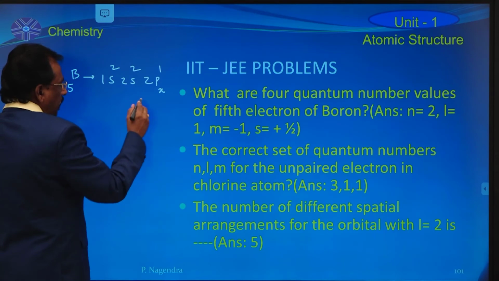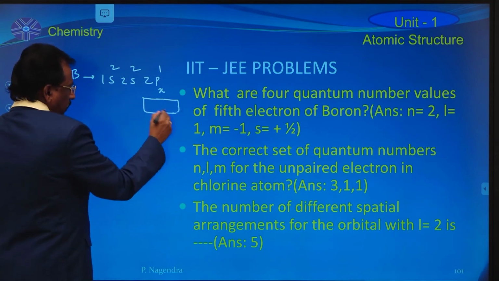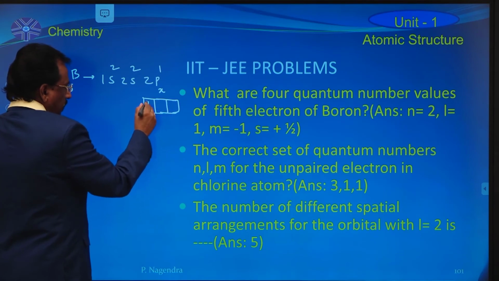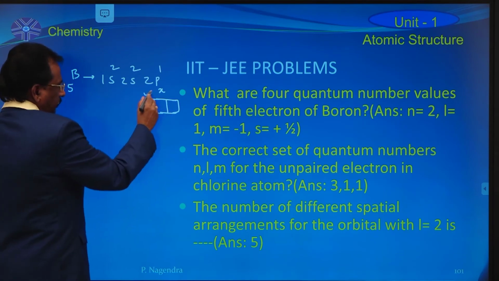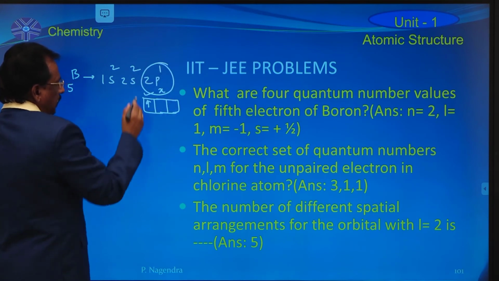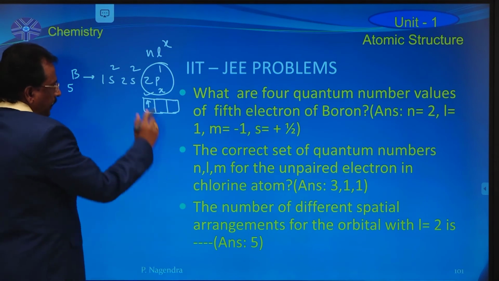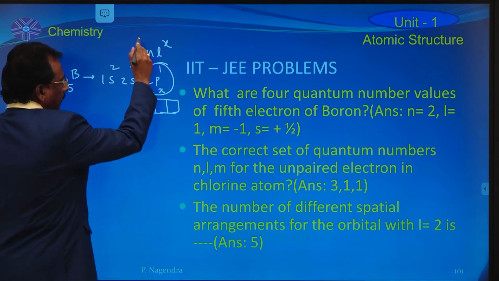Now the 5th electron is present in the 2p subshell. This is the 5th electron. So in 2px, it is similar to n l m.